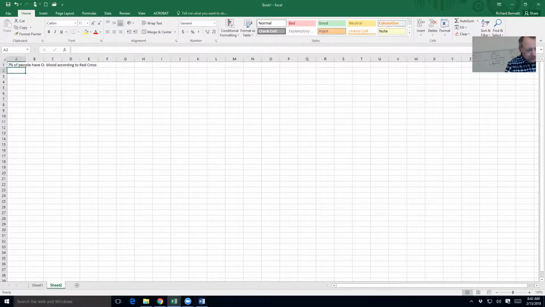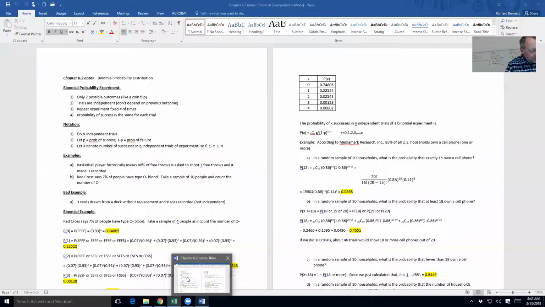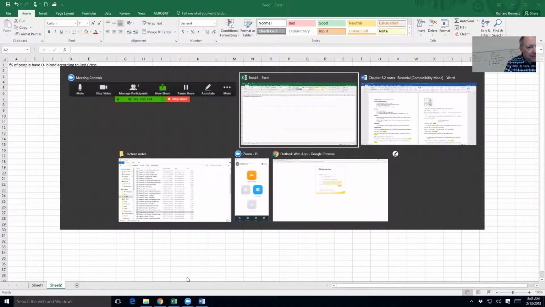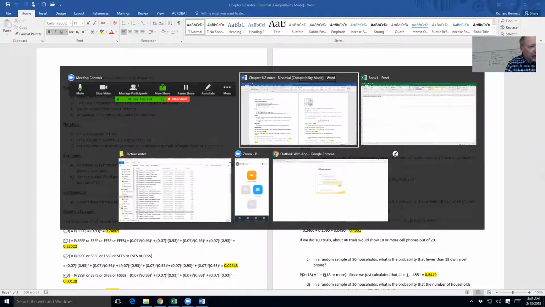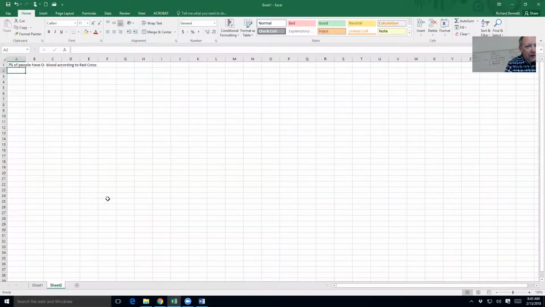Okay. So I want to take a sample of 4 people and count the number of O negative blood. Okay?